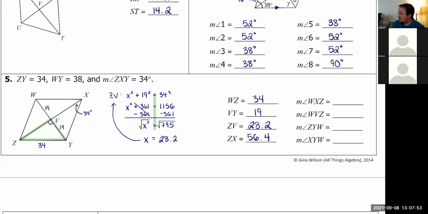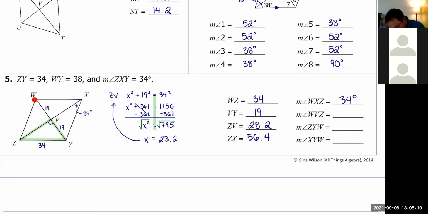I know 34 degrees of it. That is half. What's the other half? 34 degrees as well.